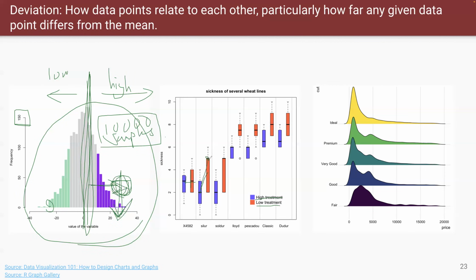So median is on here, right? These thick lines mostly represent the median. So it has upregulated some values in the low treatment group, right? In that case, you can also think about the differences, or the deviation between groups.